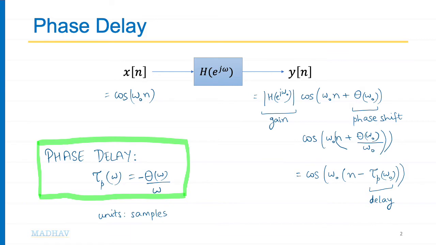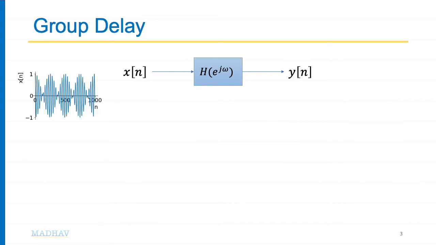That's it. Now let's look at another term, group delay. Because in the real world we may not get pure sinusoids, it is interesting to see other kinds of signals also. We start with one example where my signal is popularly used in communications.